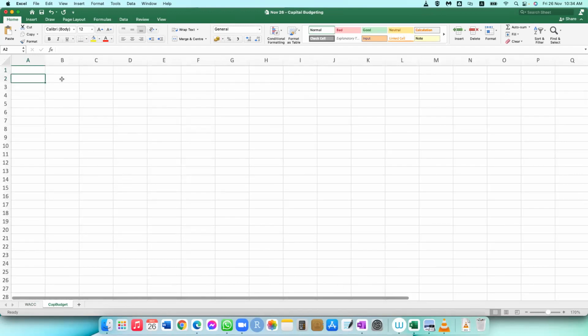Now, let us give another example. Let's say equipment 1, or it can also be any other asset. So let's write asset 1. Information for asset 1. So the information is initial investment.